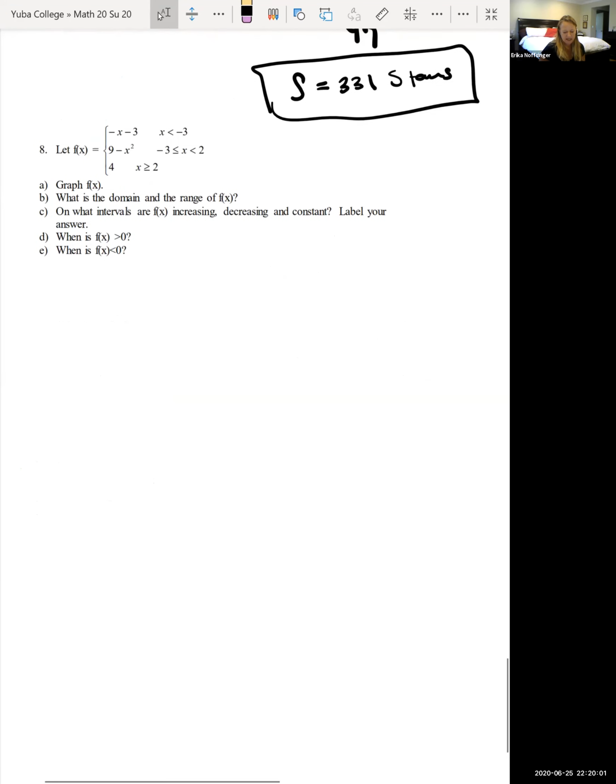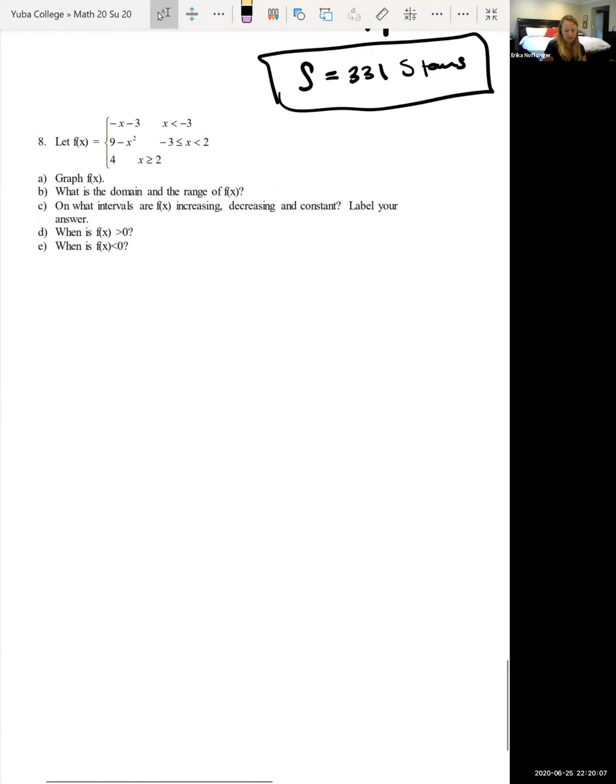So we looked at piecewise functions. Piecewise functions are where you are graphing bits and pieces. There are different equations depending on which values you're using for x. If you're plugging in a number less than -3, you would be using this first equation.